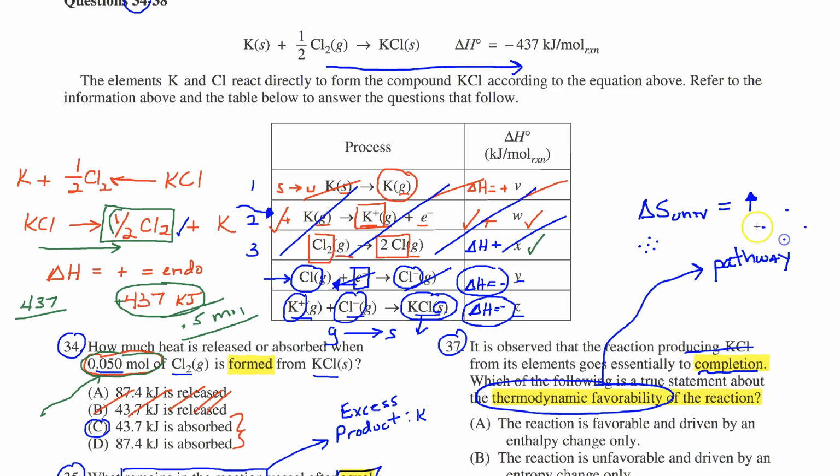But there's two factors, and what are they? Well, we measure the delta S of the universe by looking at the system's value of heat flow and the system's value of particle degrees of freedom. And we use delta G is equal to delta H minus T delta S.